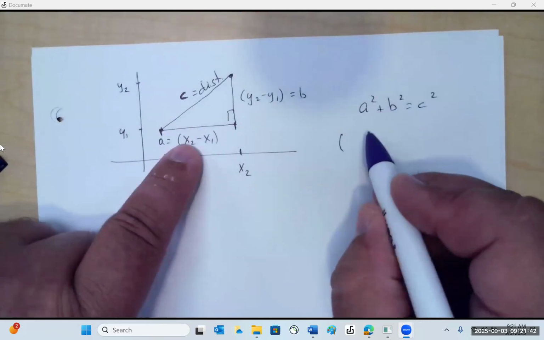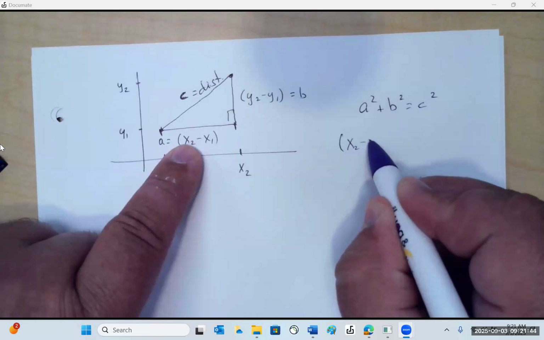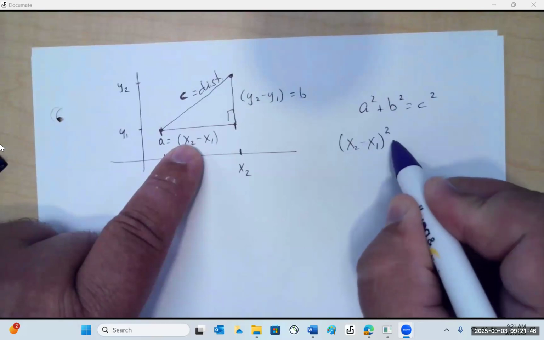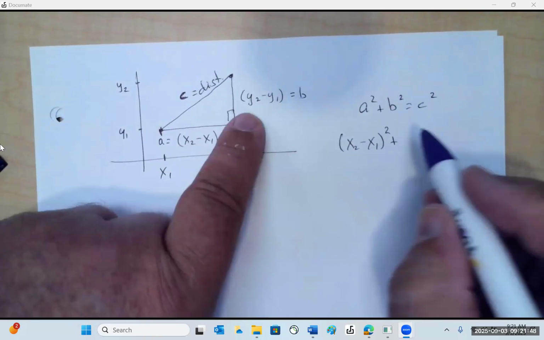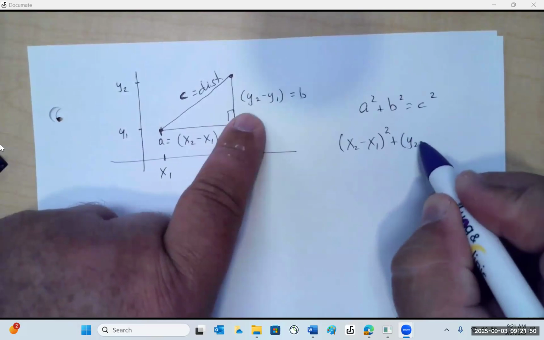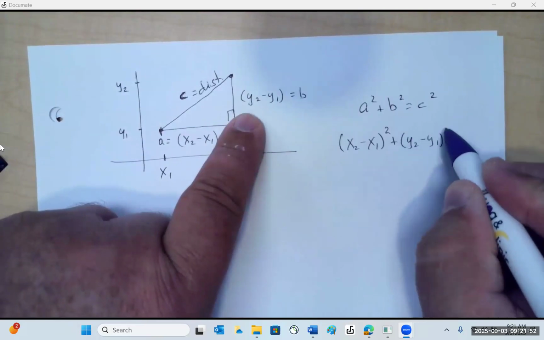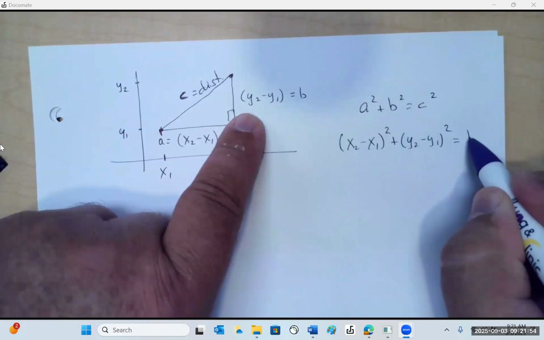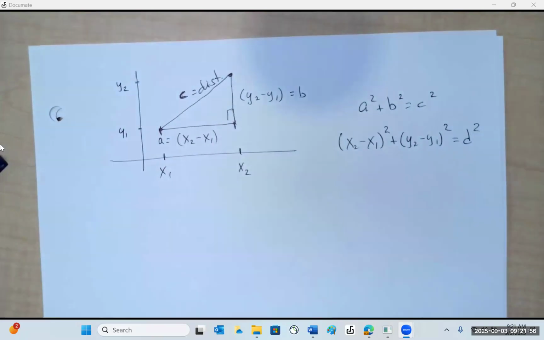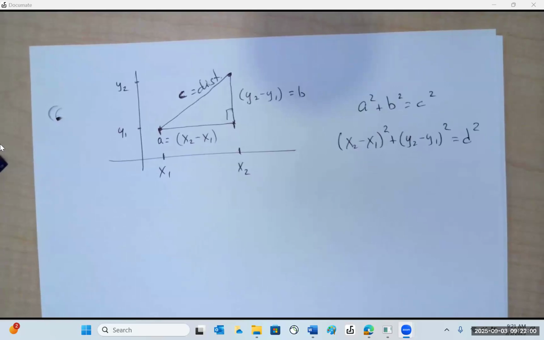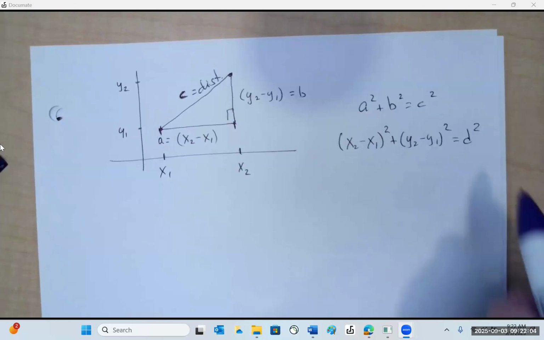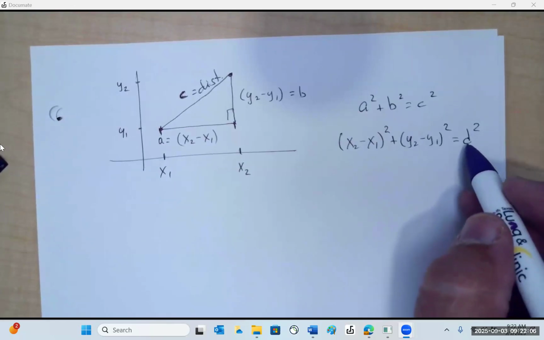So A squared is x2 minus x1 squared plus y2 minus y1 squared equals the distance squared. But I haven't solved for the distance yet. I have distance squared. How do I get distance by itself?